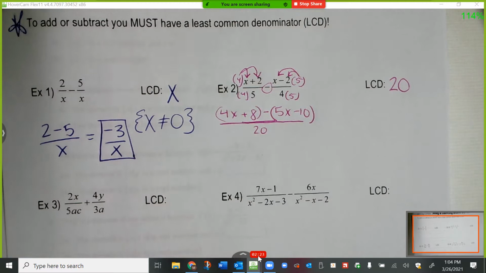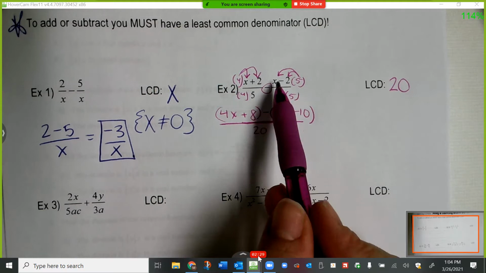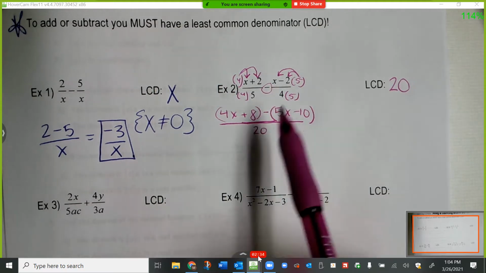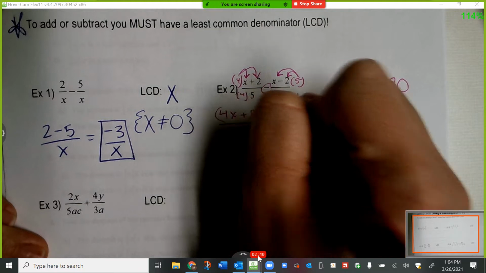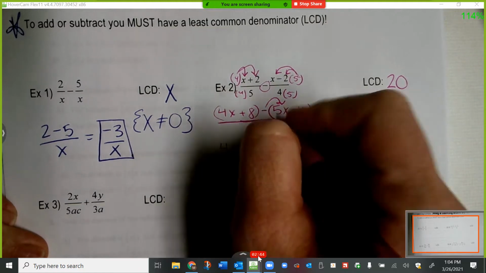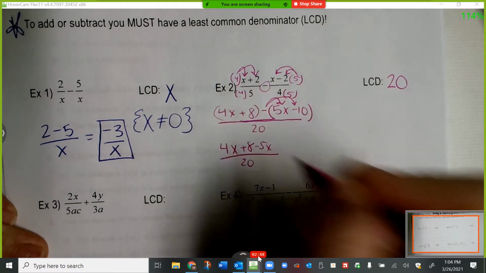The reason you have to be careful when there's a minus is because we're taking away everything in this fraction. Typically the top, we're just combining tops. So I have to distribute that negative to both things on top of that fraction. So this becomes, I'm going to rewrite the left side, 4x plus 8 minus 5x. 2 negatives makes a plus 10.